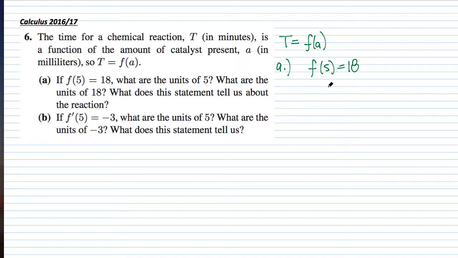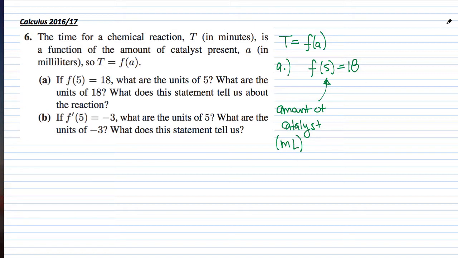So what are the units of 5 going to be? Well, A, which is the argument of my function, is given as the amount of catalyst in milliliters. So this number 5 here is the amount of catalyst that we have, and that is measured in milliliters. I'm just going to write ml, which are the units milliliters.